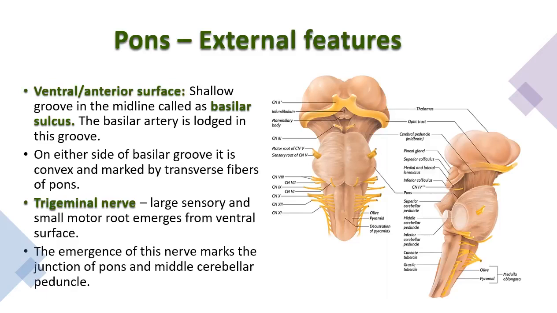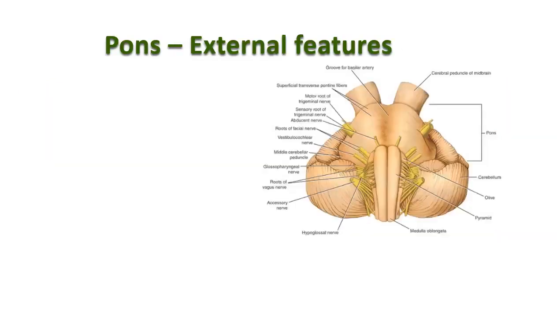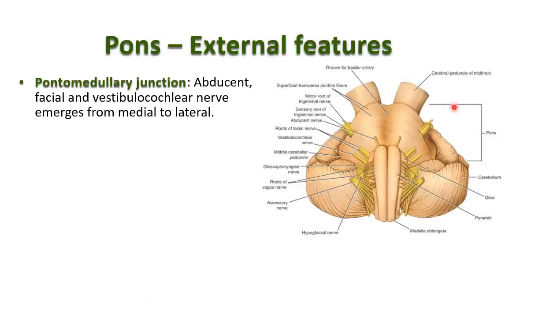Next, coming to the other external features, at the lower border of the pons you have the pontomedullary junction. Here, more medially on either side of the midline, is the abducent nerve. To be more precise, this nerve emerges between the pons and the pyramids.